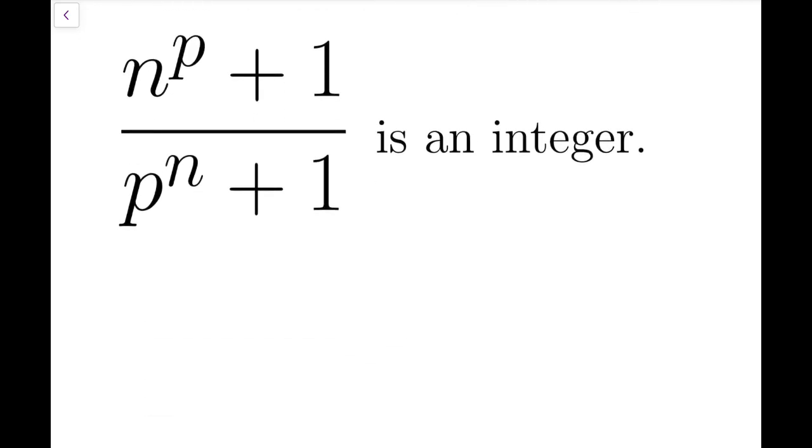Because it's an integer and n and p are positive, it's actually a positive integer, so I'm going to say n to the p plus 1 is at least p to the n plus 1. I do not want to introduce a constant multiplied by p to the n plus 1, because it's not terribly useful.